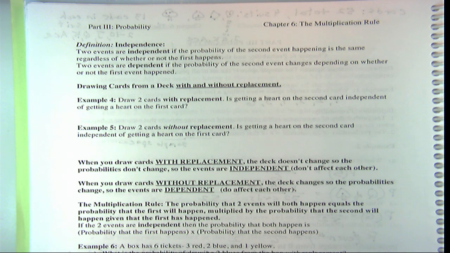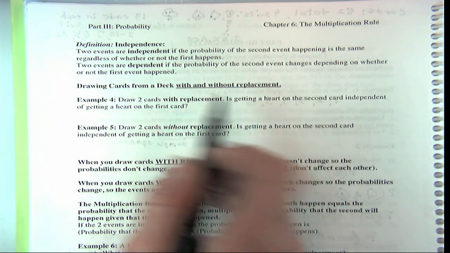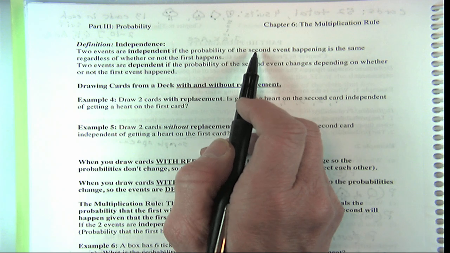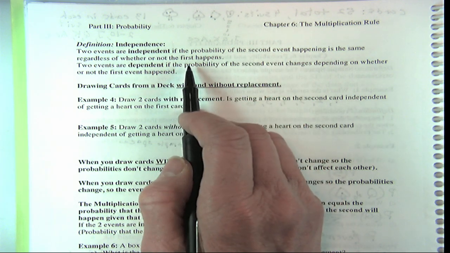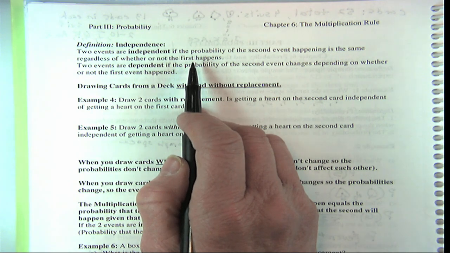And so that's true with most gambling games. One exception is cards. So let's look at cards to see the difference between independence and dependence. That is an easy one to think about. So, with and without replacement. First of all, 2 events are independent if the probability of the second happening is the same, regardless of whether the first happened or not.